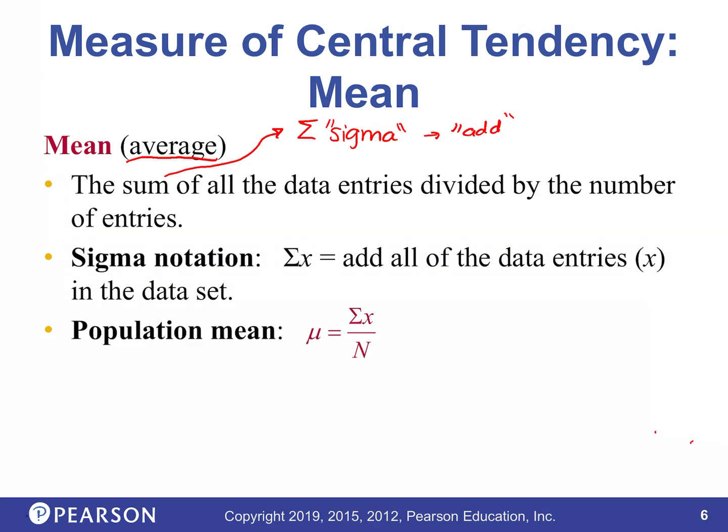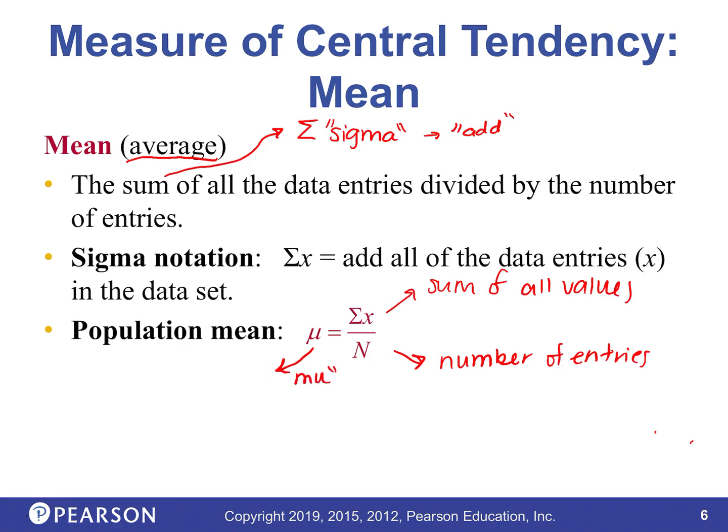And we have the population mean. We have the sum of all the x values divided by the number of entries. And this is the Greek letter mu, and that represents a population mean.